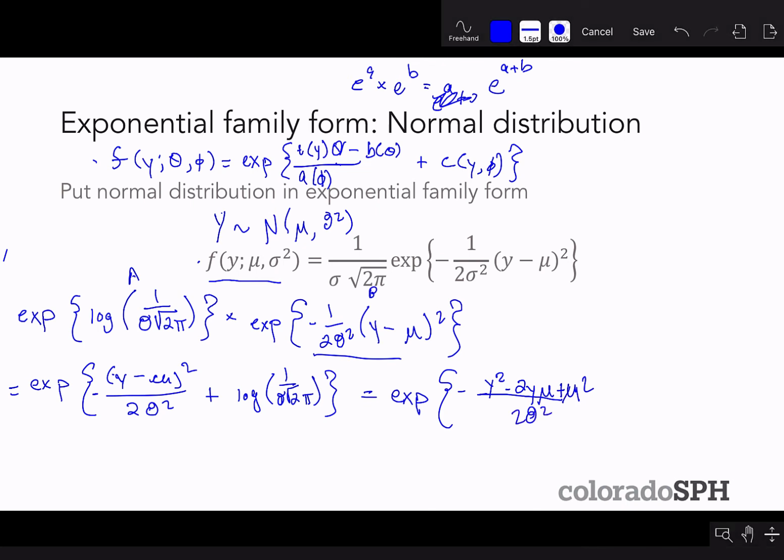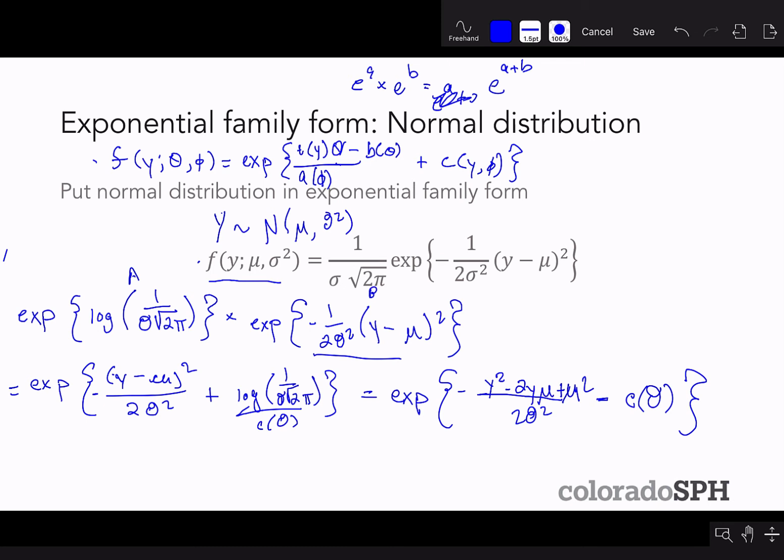I just get that by distributing the square. Minus this function. I'm just going to call this second part right here C of sigma for now, because it doesn't contain mu, our main variable of interest, and then I can replace that C of sigma later, and I don't have to write it all out again.